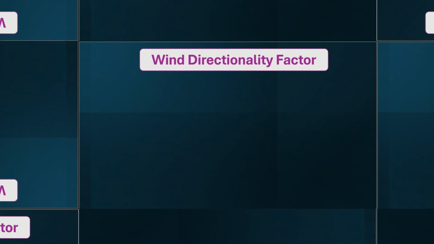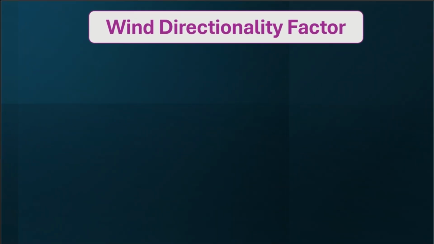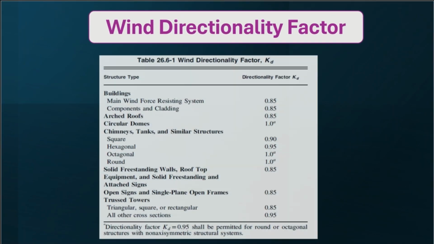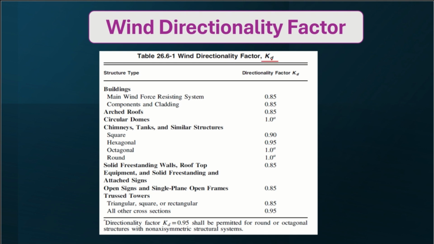Next we will discuss the wind directionality factor, which is indicated by Kd. You can take this Kd factor from Table 26.6.1 of ASCE 7-16. This Kd mainly depends upon the shape of your structure. If you are designing for buildings, your Kd value is 0.85.